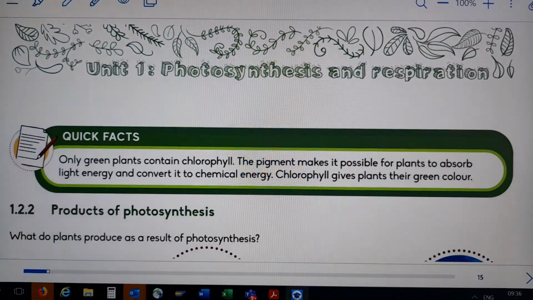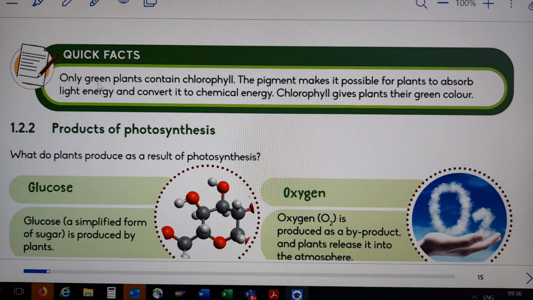But it reflects the green light. Now let's continue. Only green plants contain chlorophyll. The pigment makes it possible for plants to absorb the light energy and to convert it into chemical energy. Chlorophyll gives plants their green color. Please remember, you can be asked what is the function of the chlorophyll.